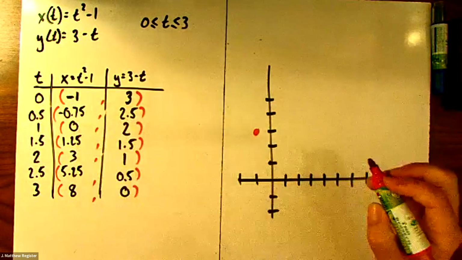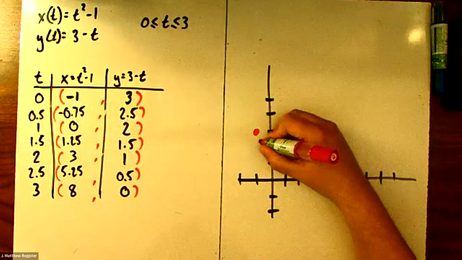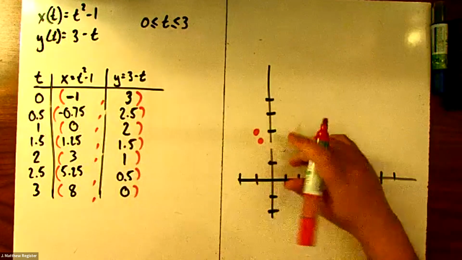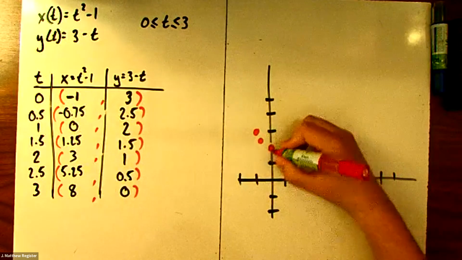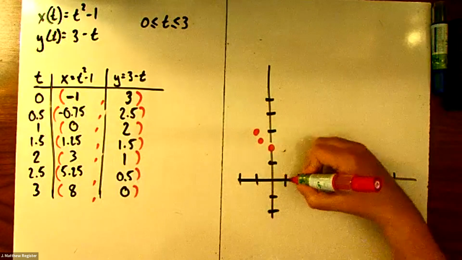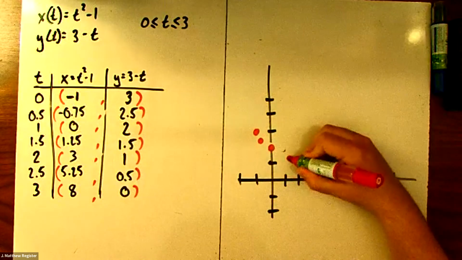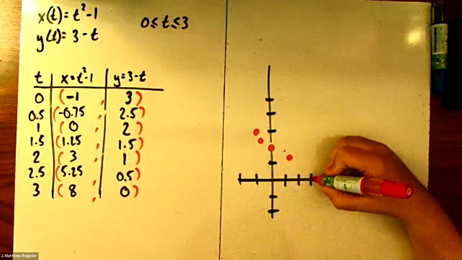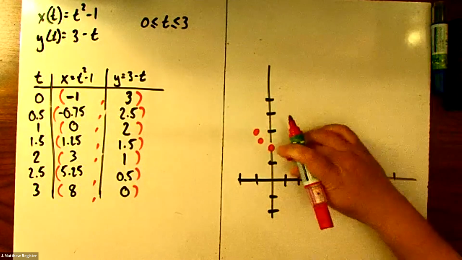Negative 0.75 and 2.5 would be right around here. 0, 2, that's right there. 1.25 and 1.5, that would be right around here. 3 and 1, 1, 2, 3, and 1.